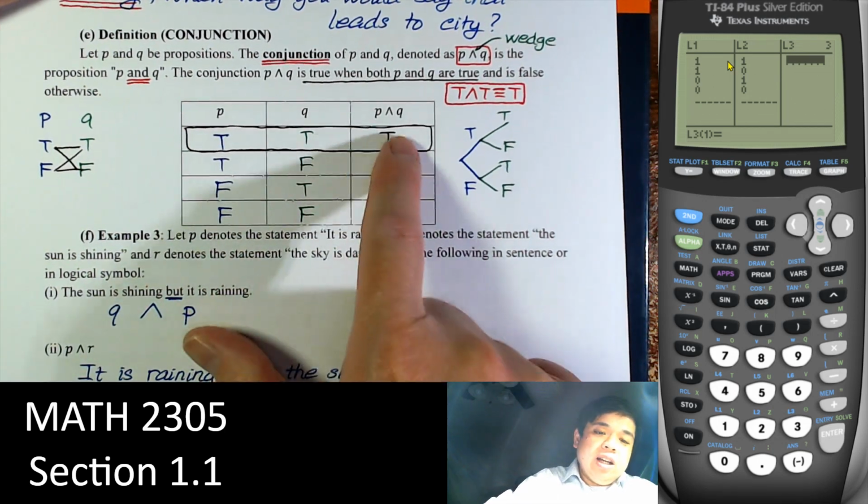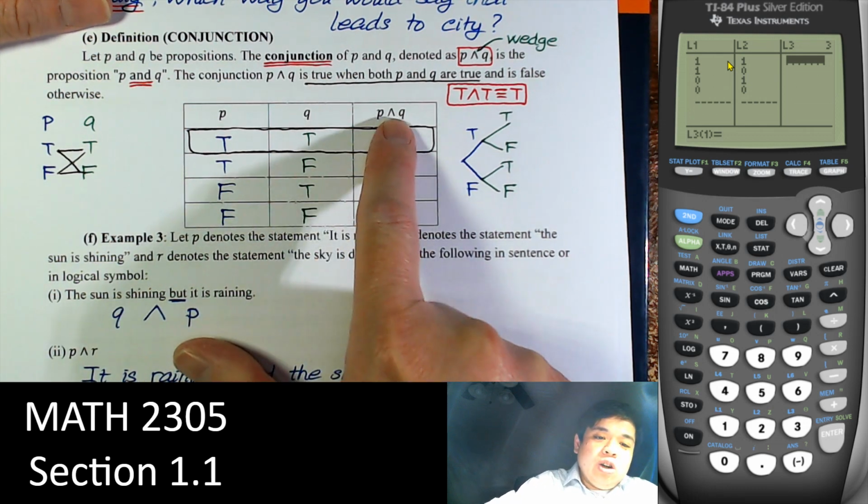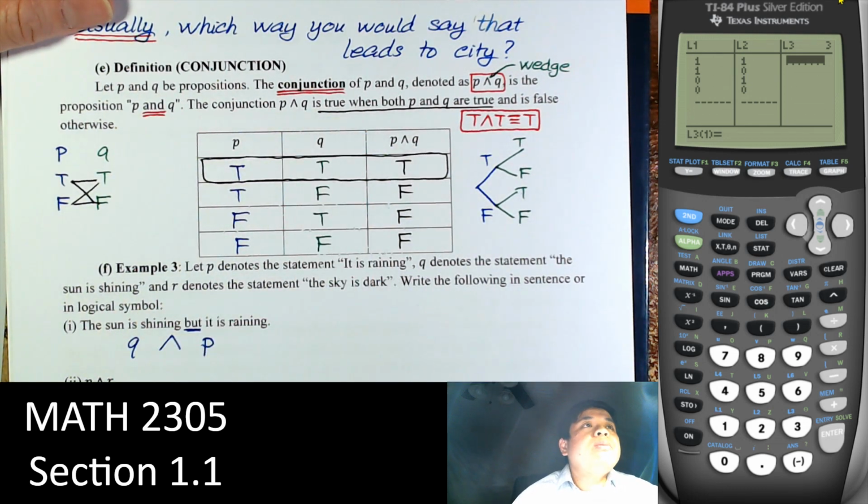Now, this is the truth table for the conjunction, right? So be careful here. Go up, highlight the L3. It has to be highlight L3, and we say it's going to be this and this. To get to L1, L2, you see that above the 1, 2, 3, there's a blue.